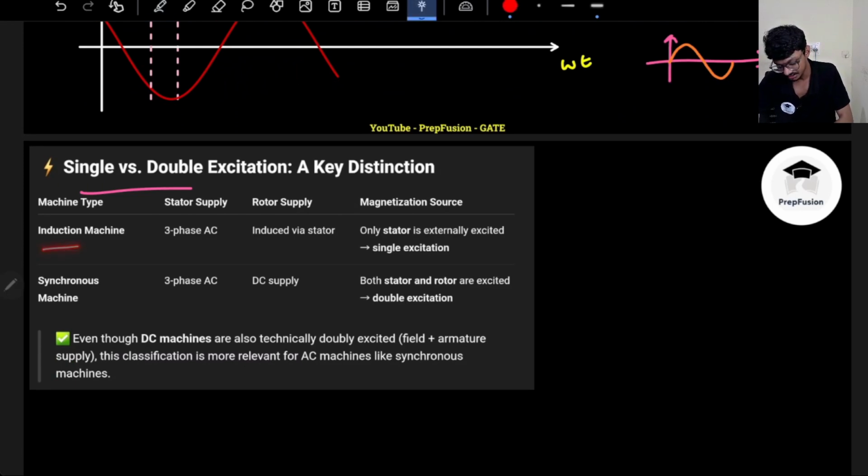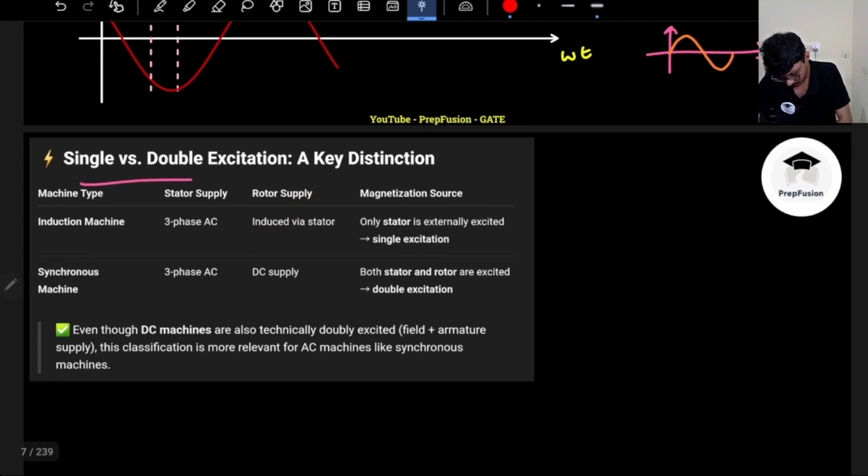Singly excited means in an induction machine the stator was provided with a 3-phase AC supply for a motor, and the rotor supply happened with induced EMF via the stator, due to the magnetic field by induction. In a synchronous machine, the stator will be supplied with 3-phase AC and the rotor will be supplied with DC supply.